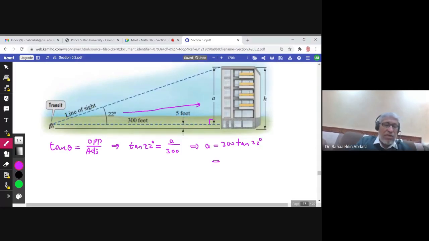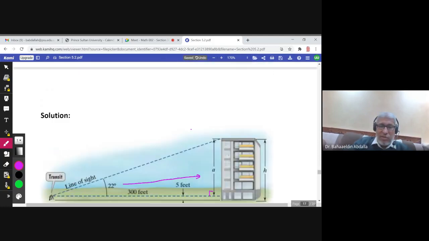Make sure that you are in degree mode. I am in radian mode, so I have to change it, shift mode, to be in degree mode. Multiply 300 times tan 22. The answer is 120.2 feet.